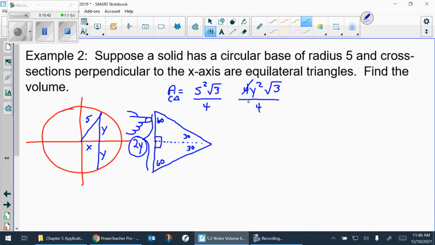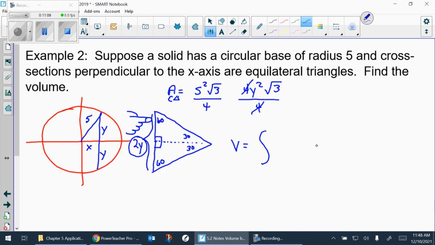I've got the area of this slice of my three-dimensional object. And again, that's half the battle. The volume is the integral, or the sum of all of these areas times the thickness. But now I got another issue here.